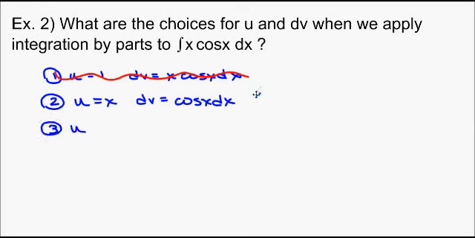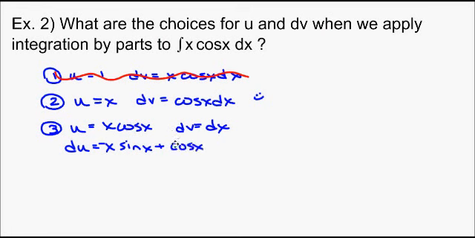Third choice, u is x cosine x and dv is dx. If we did this, then we would have du, gosh, what is du? Well, using the product rule here, the first one, x, times the derivative of the second one, which is negative sine x, plus the second one times the derivative of the first, so we get this.